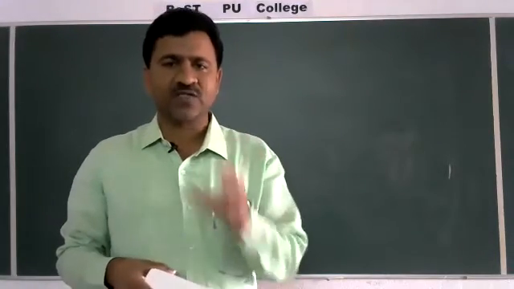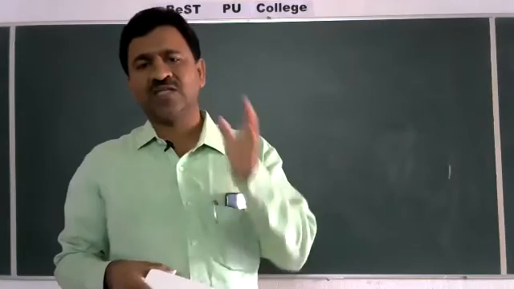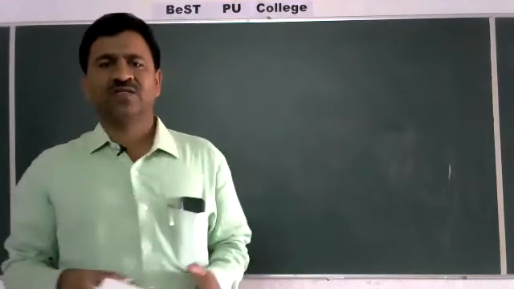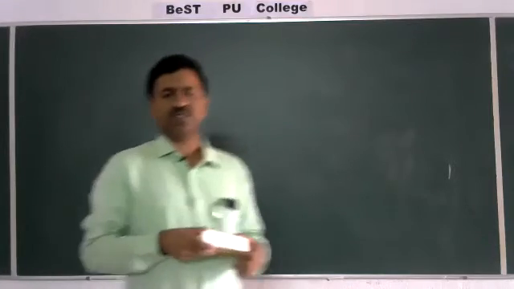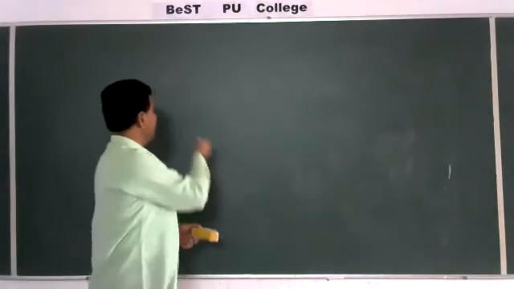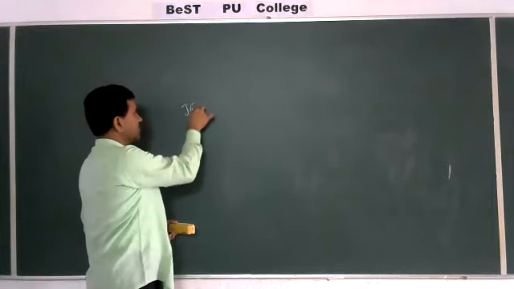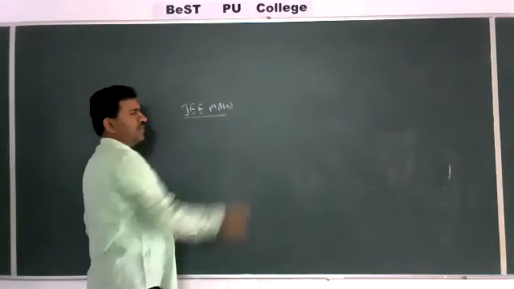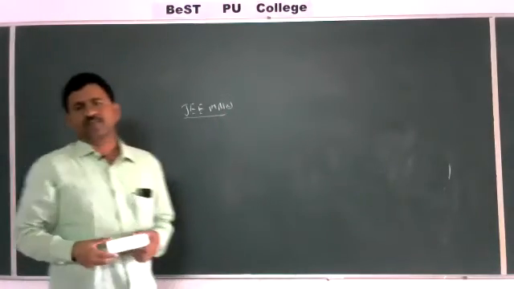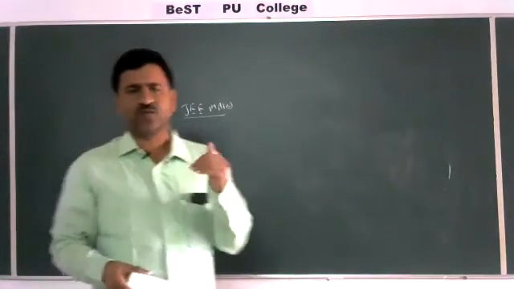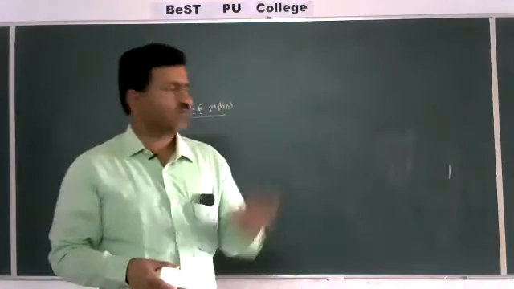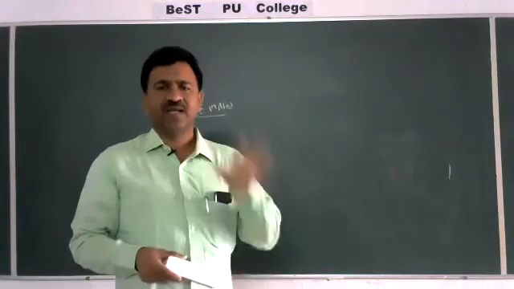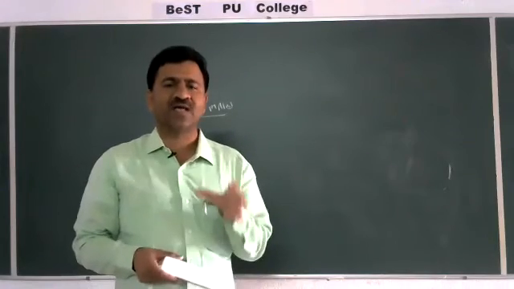So you have to practice it. And those who are interested to join NITs and IITs, you have to go for IIT JEE Mains and IIT Advanced. JEE Mains exam will be conducted by NTA, in two phases. It is a completely online exam, conducted after completion of second PUC in the months of January and April, in two sessions.